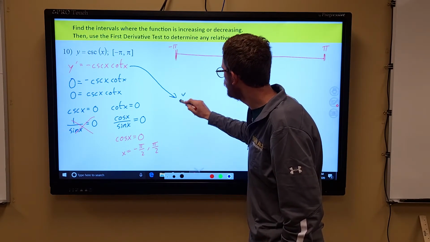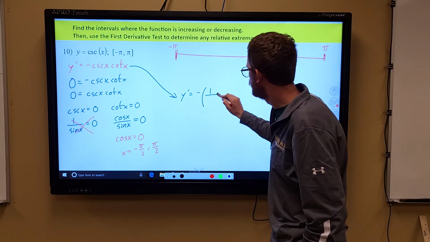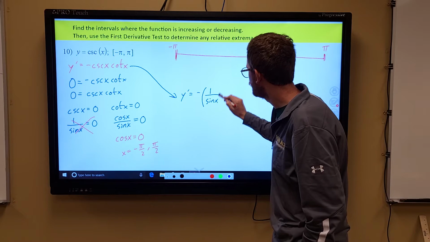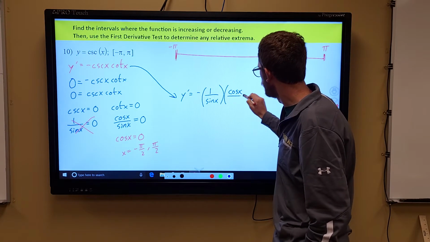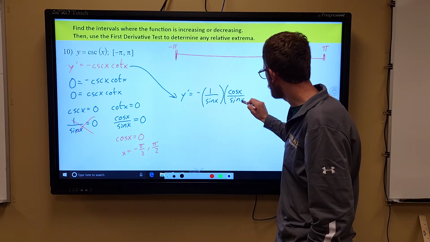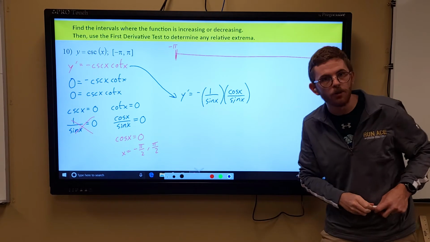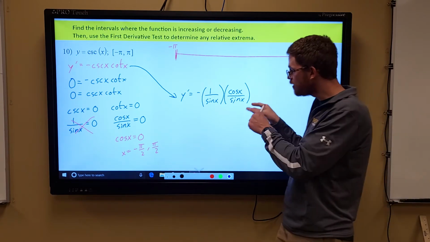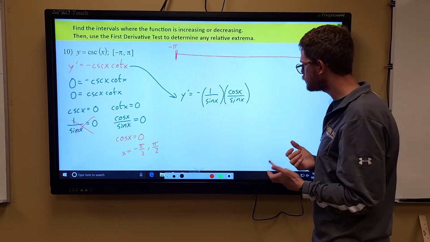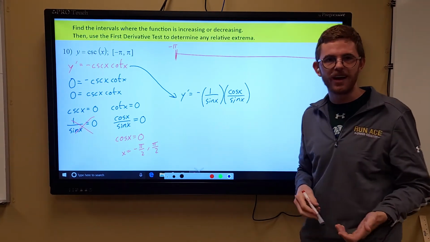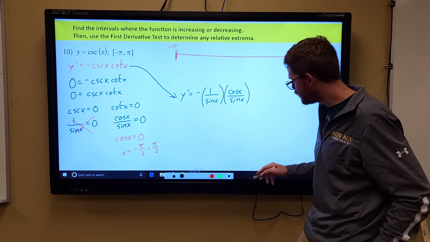If I rewrite these as 1 over sine and cosine of x over sine of x, well, we also have problems when sine would be 0. If sine of x is 0, we would have division by 0 in both of those situations. So when is sine of x equal to 0?